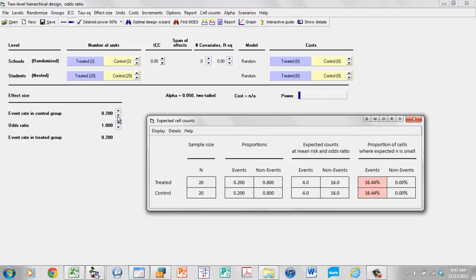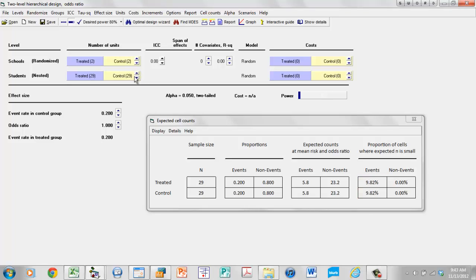So if we actually have a prevalence of 0.2, the problem is that we're going to have a lot of cells with less than 3.5 events, and that's probably a violation of the assumptions. The only thing we can do in that case is to increase the number of students, and you can see that at some point that's no longer a problem.